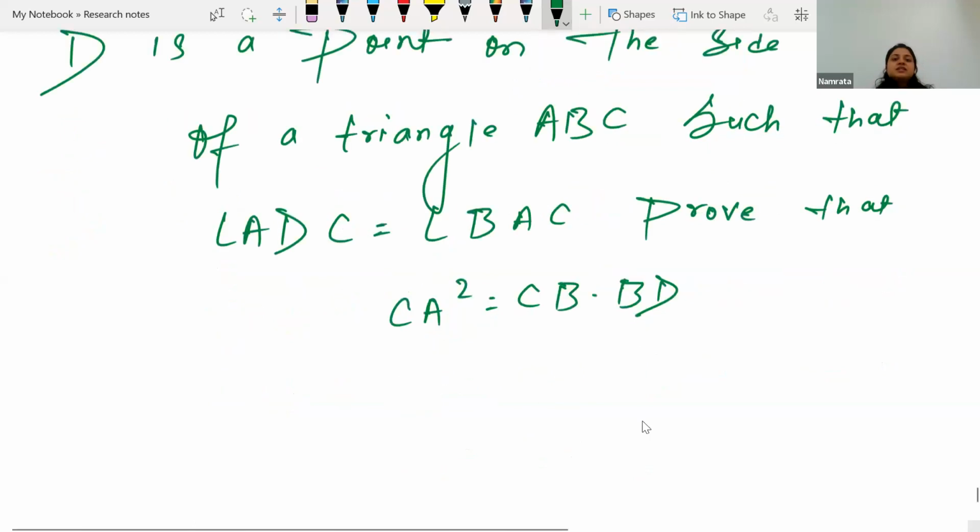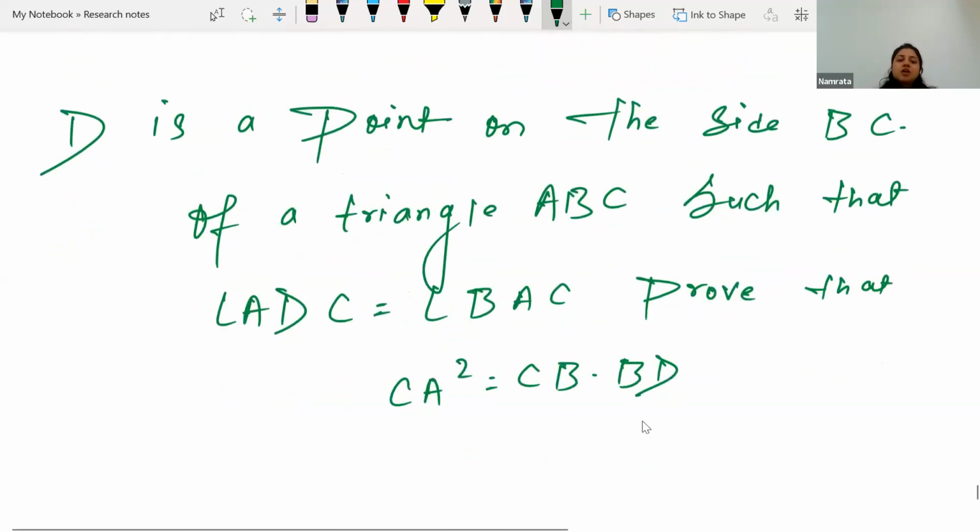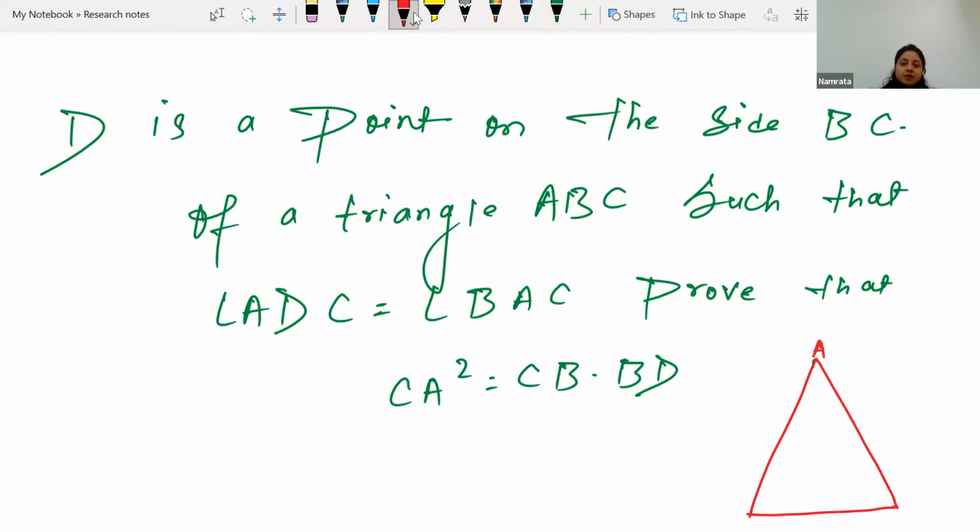So D is a point on the side BC of triangle ABC. Let's draw the triangle, as it's not given in the question. So we have a triangle ABC, and D is a point on the side BC, somewhere here, such that angle ADC and angle BAC are equal.